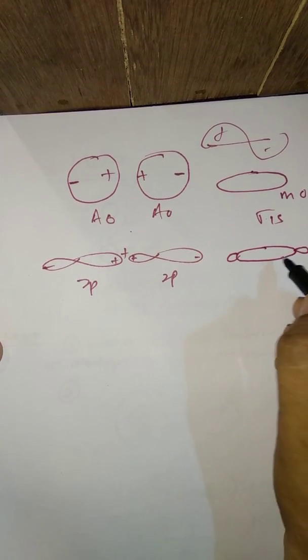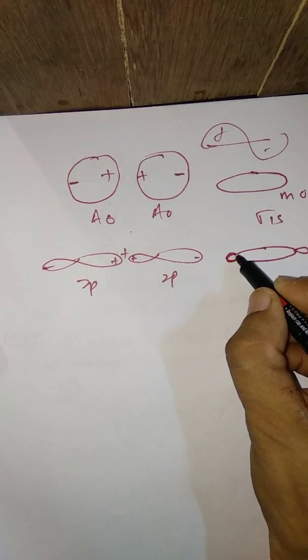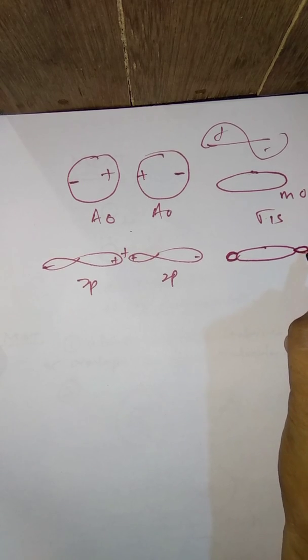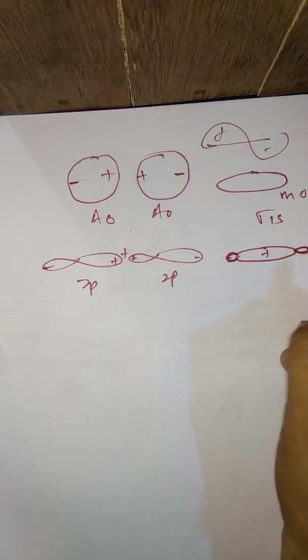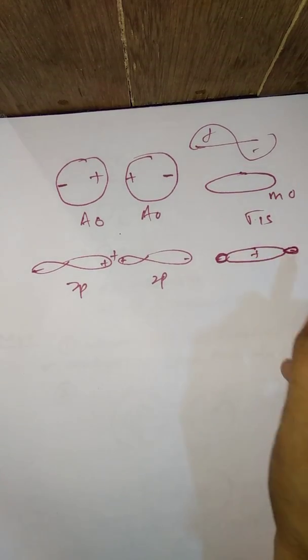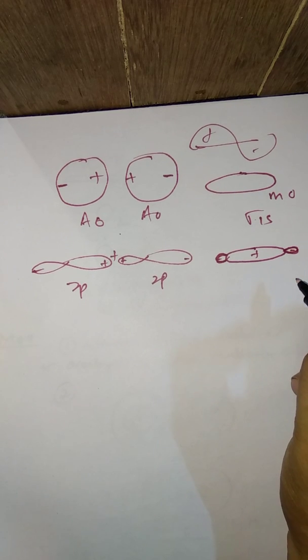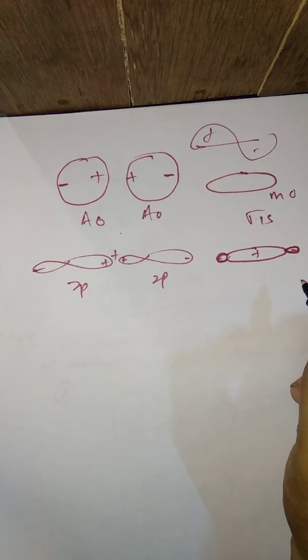What does it mean? That the electron has moved toward the center, and in this form, the plus and minus are still there. So we can see the probability of the electron toward the center will increase, and this will favor the stability.